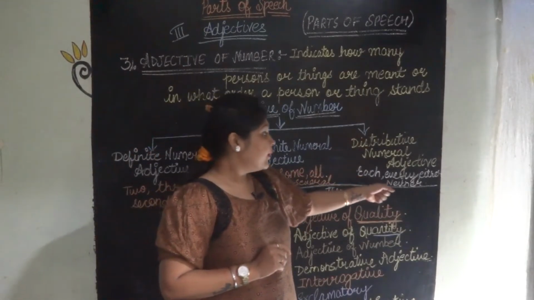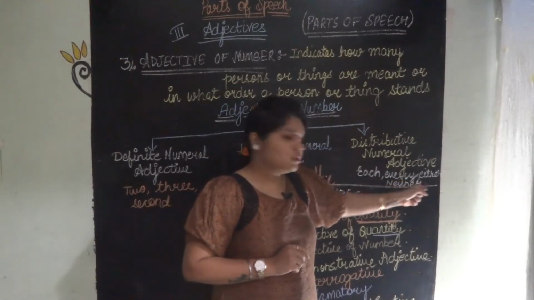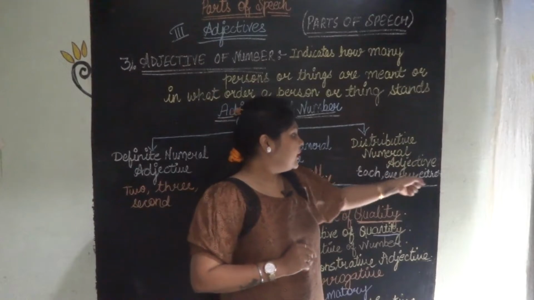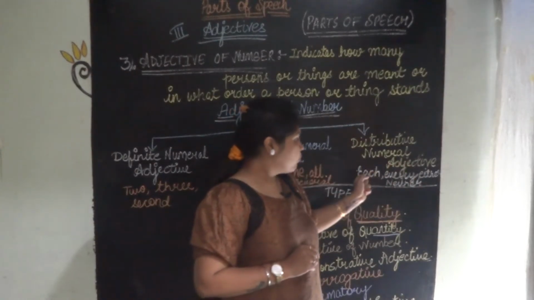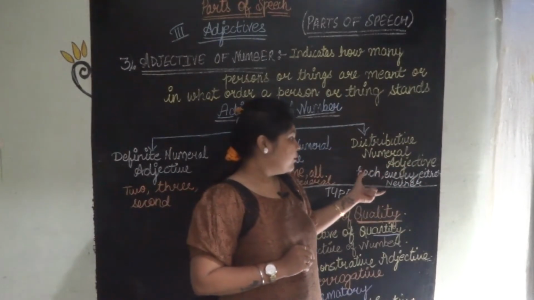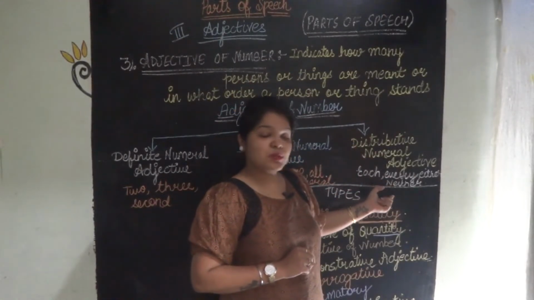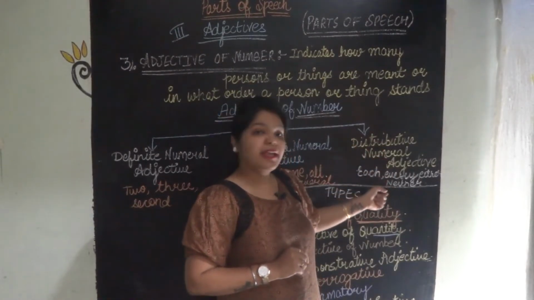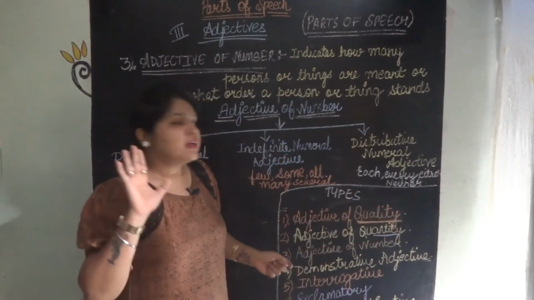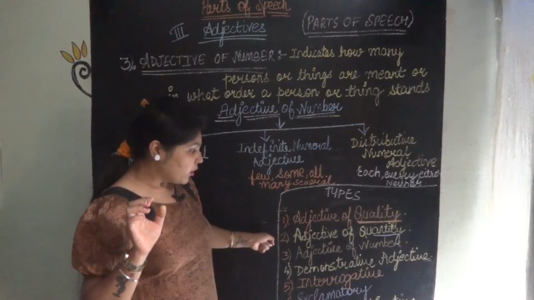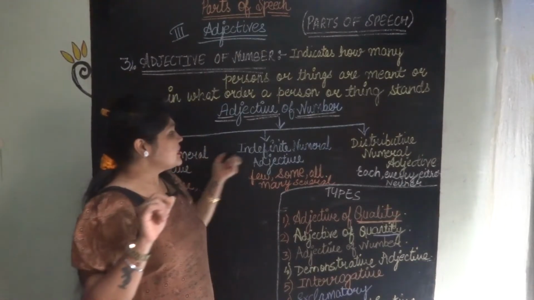So what are the examples in distributive? Each, every, either and neither. Okay? In this I will be making a proper video telling you the differences in these words. So it comes under distributive numeral adjective. In your exams, only the things of quantity and number come.